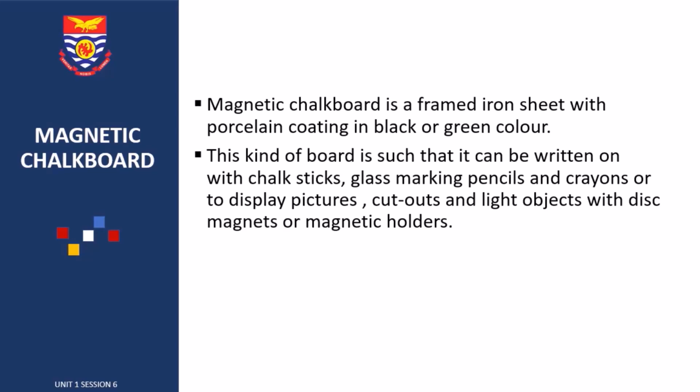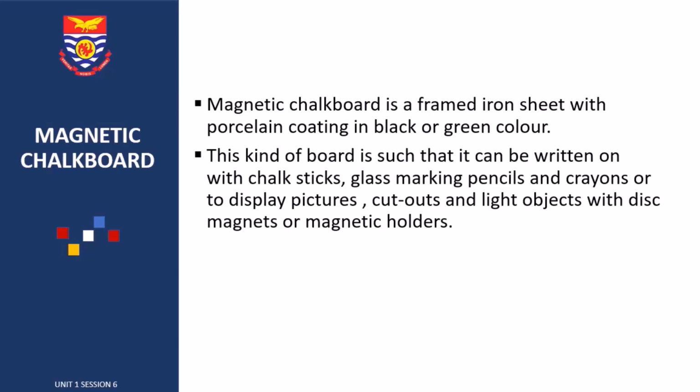This kind of board is such that it can be written on with chalk sticks, glass marking pencils, and crayons, or to display pictures, cutouts, and light objects with disc magnets or magnetic holders. As we saw in the picture earlier, we saw chalk marks, we saw cutouts, objects with disc magnets being held onto the board. And that is what a magnetic chalkboard is.